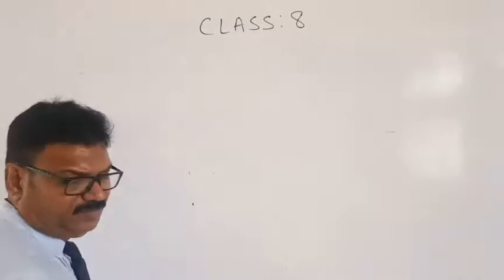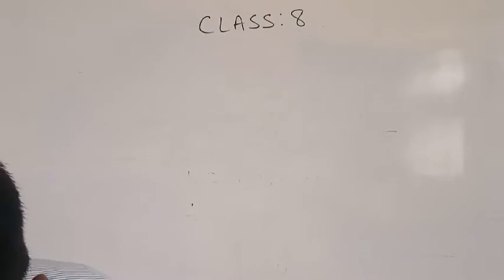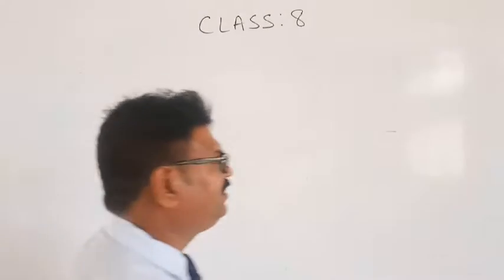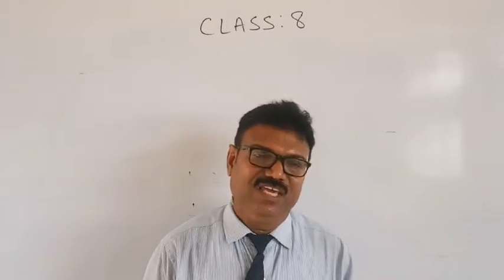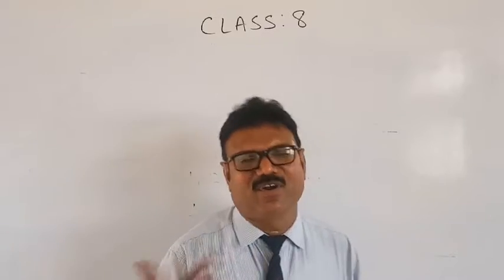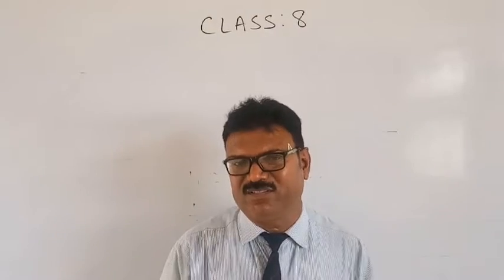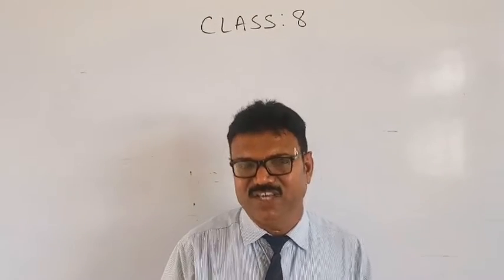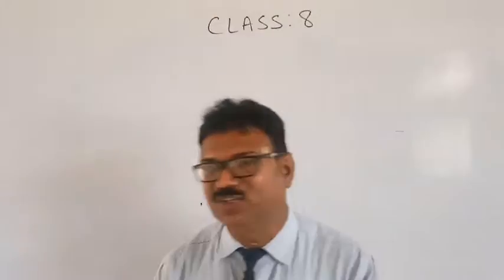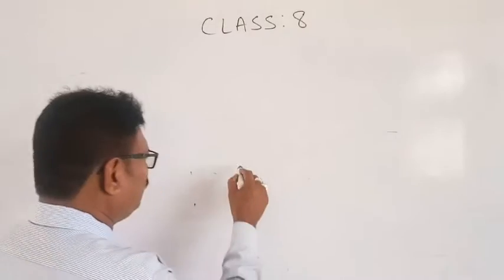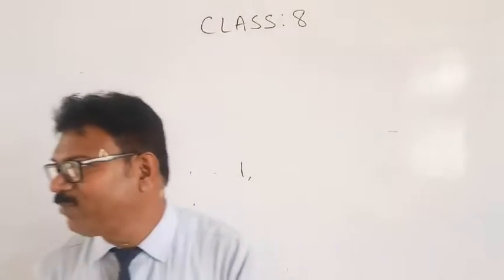Okay. Second question. The rational numbers that are equal to their reciprocals. If you take the reciprocal, the same number only will come. Can you guess any numbers? 0? No. Yes, 1. Super. Very good. 1 is the answer. One more answer please.